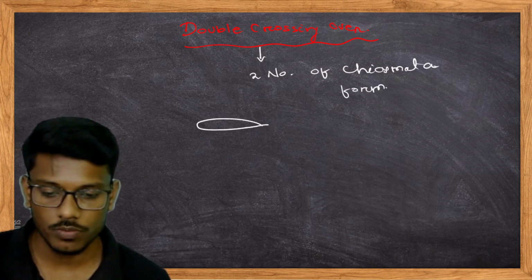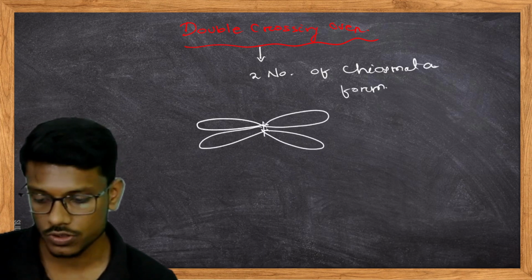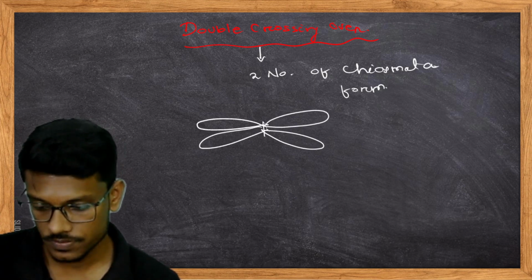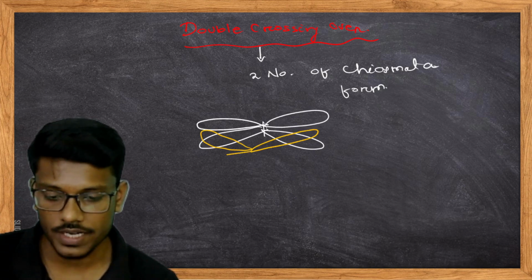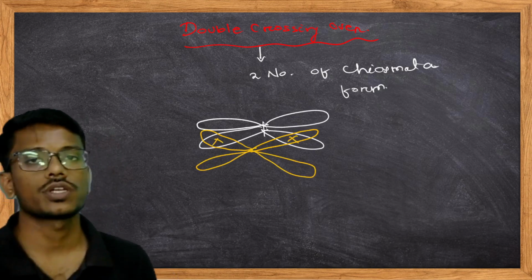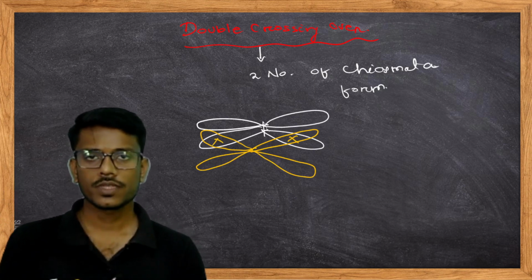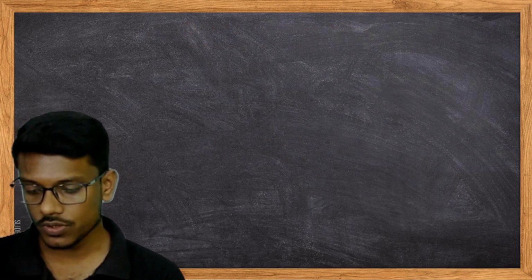Suppose this is one chromosome and this is another homologous chromosome, and between the non-sister chromatids there is formation of two chiasmata. Then that is known as double crossing over. Simple. Okay, then let's move to the third one, multiple crossing over.